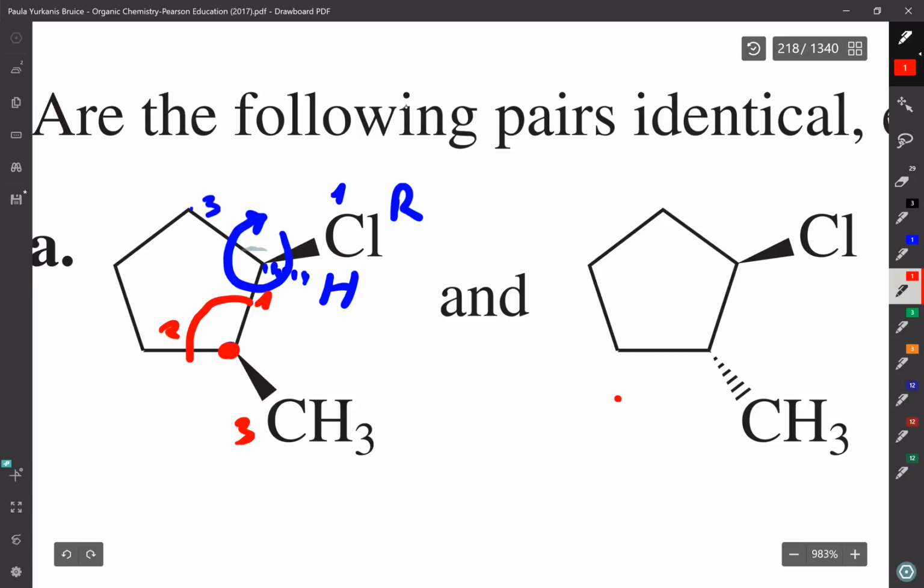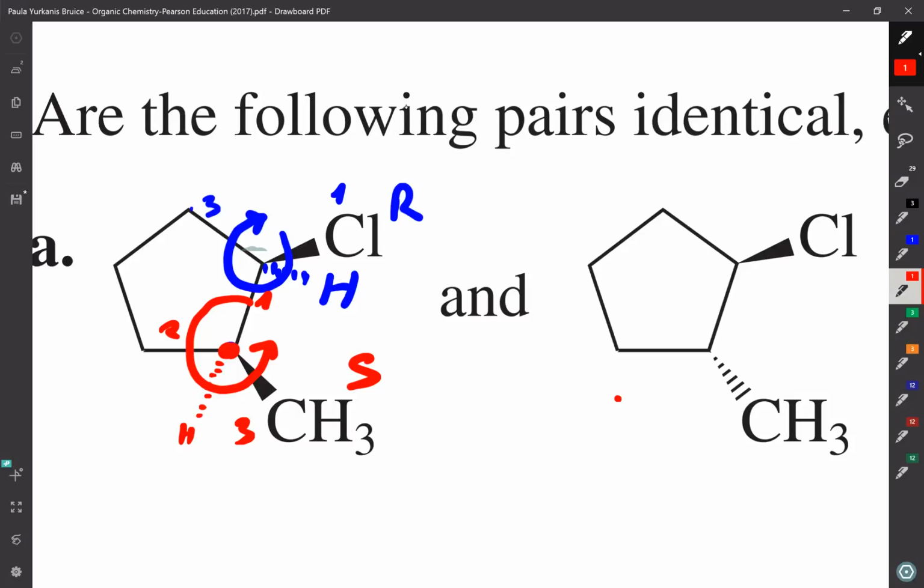So I will travel in this direction: 1, 2, 3. Is that clockwise or counterclockwise? Counterclockwise, S. The hydrogen is on a broken bond, which hasn't been shown, and that hydrogen is at the back, which is fine. So this is an RS structure. Does that make sense, guys?